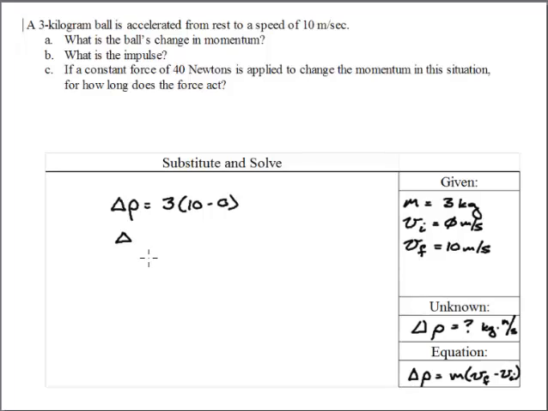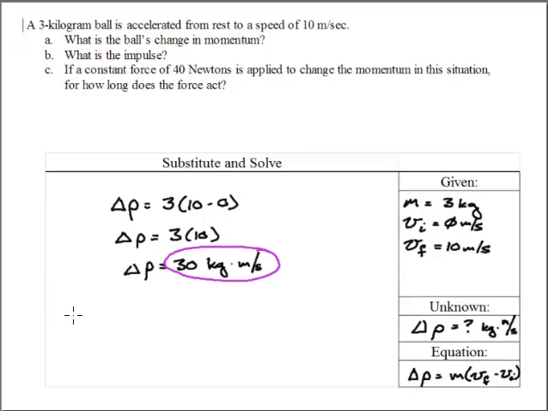So the change in momentum equals 3 times 10. So the change in momentum equals 30. Now apply the units, kilograms times meters per second. And this is the correct answer for A.